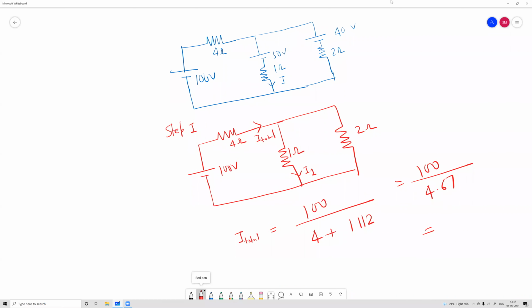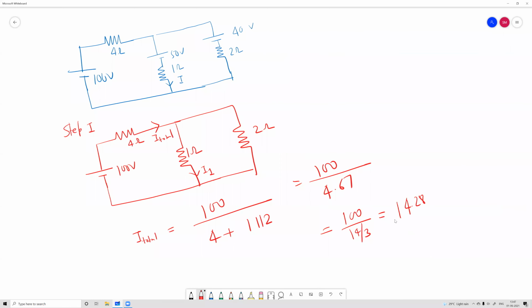So this current is 100 by 14 by 3. Please note this is in the downward direction. Oh, sorry, I jumped a step. So it's not 14.